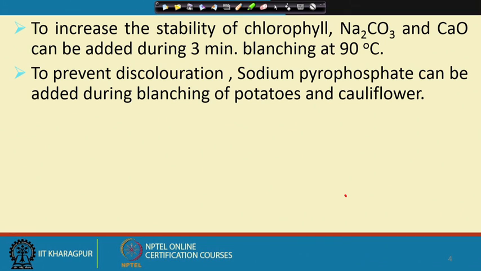Then we do it to prevent discoloration, we add sodium pyrophosphate, right, and this is mainly done for the case of potato, cauliflower, those which are susceptible to temperature also.